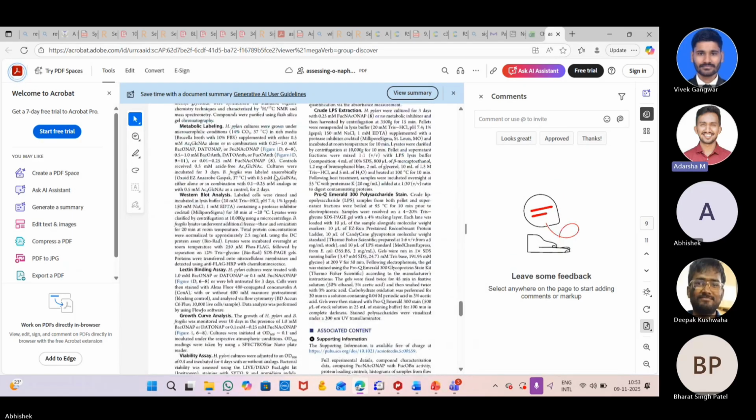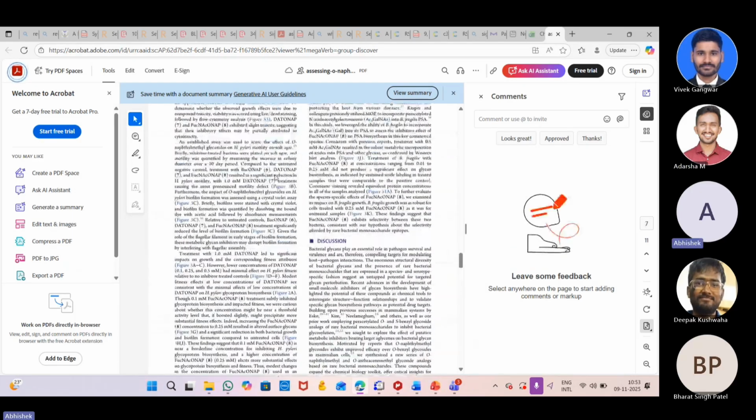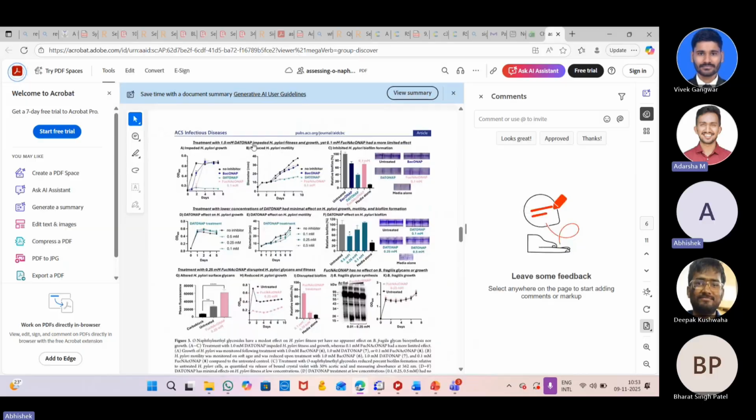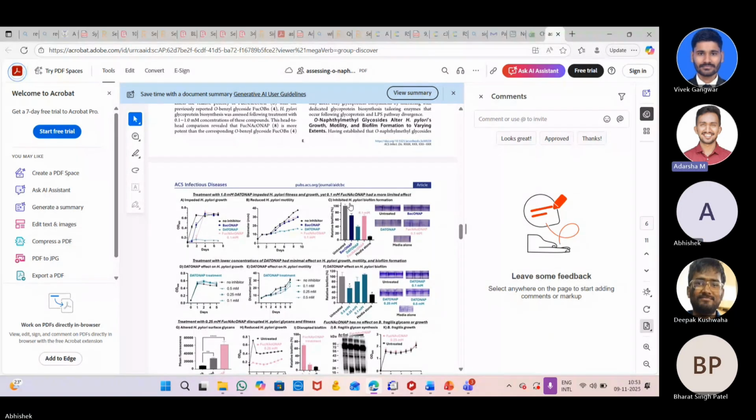Which analysis? I don't see it. Okay, now I can see. It is very blurry. I think this is the bacterial inhibition experiment, right? They have done it here. It is very blurry here, maybe because of my network problem. Okay, that's the analysis.